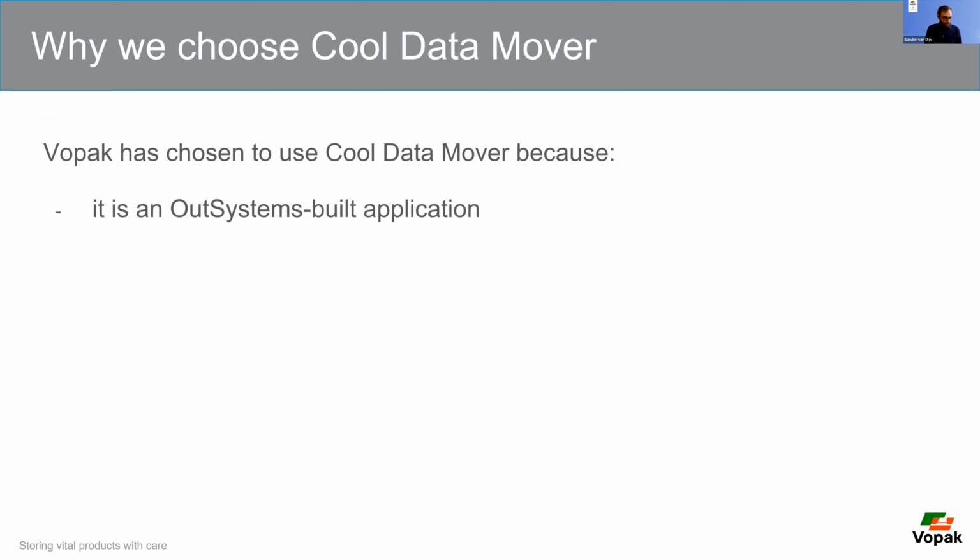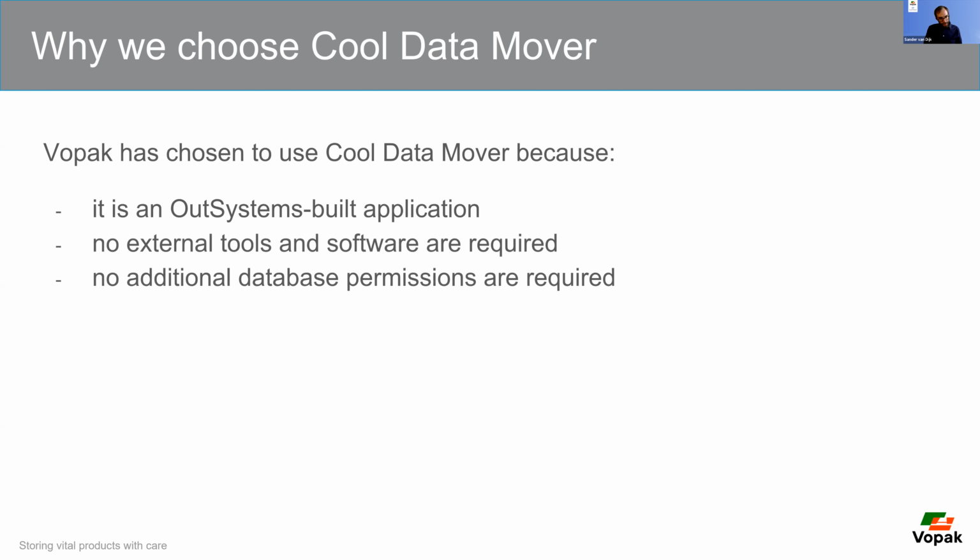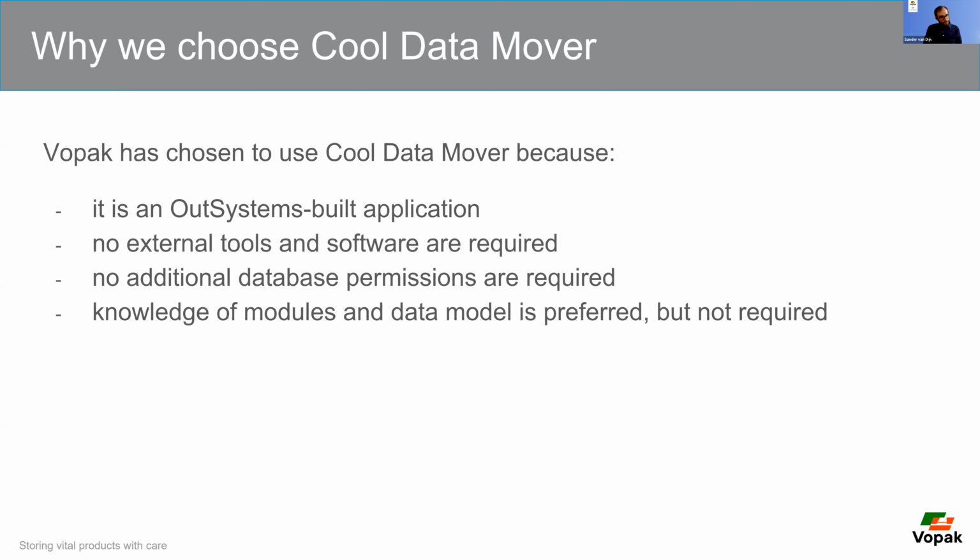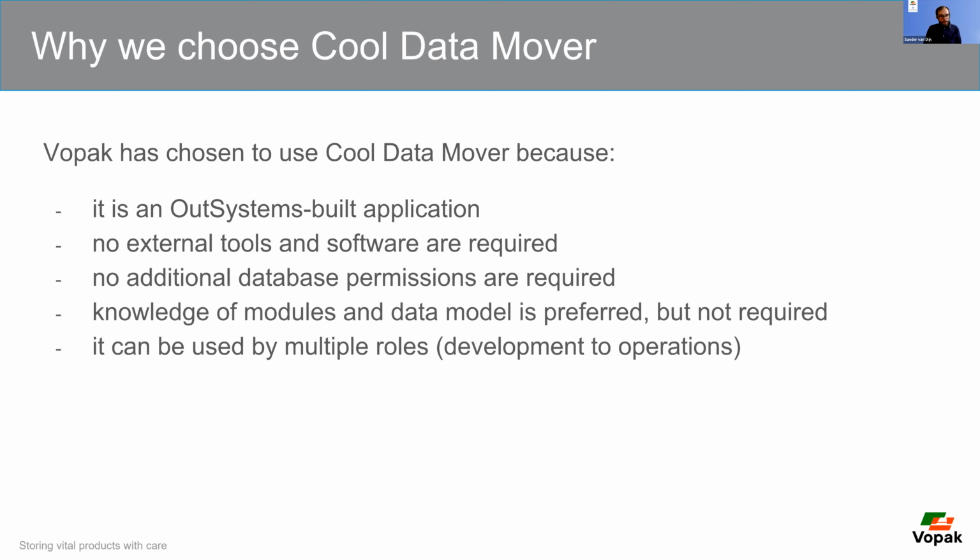So some reasons why Vopak chose Cool Data Mover: OutSystems built application, no external tools and software, no additional database permissions required. Knowledge of modules and data model is preferred, but also not required, because you can easily select your entities, and if you select an entity, Cool Data Mover will show that you also need to include this in your package to make it work.